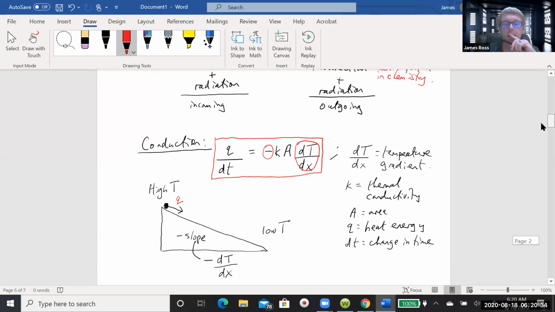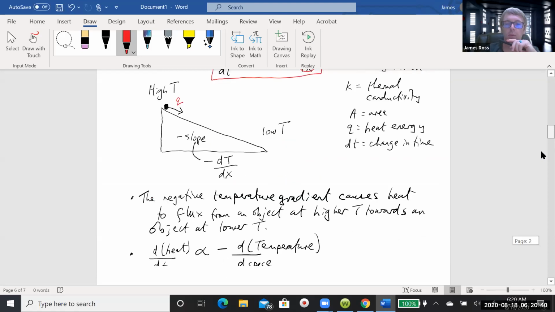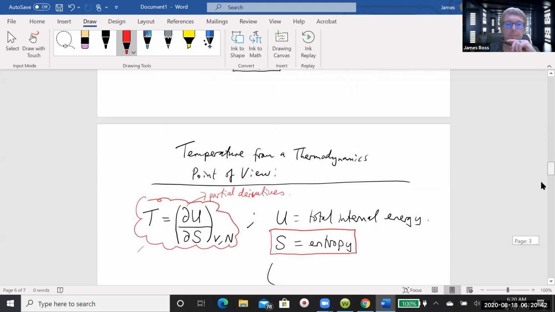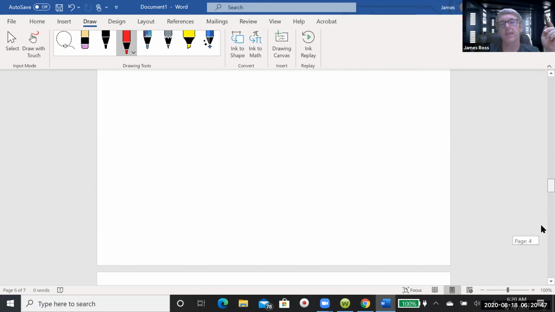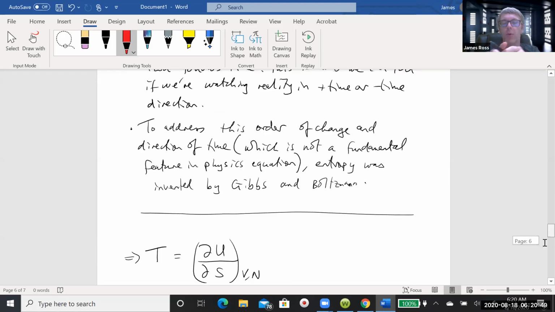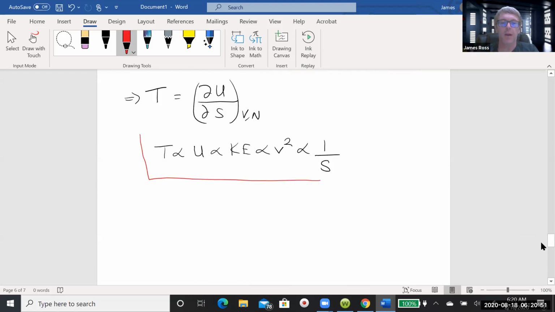Well, that's just energy, right? Heat is energy, so we've already said it's proportional to energy. So that'll probably do us.